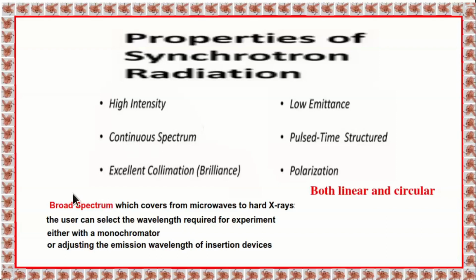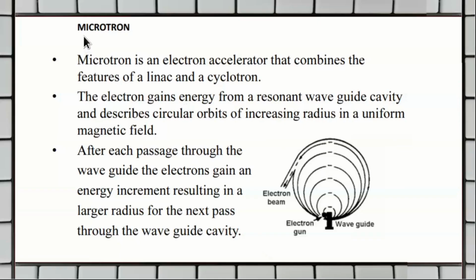The continuous spectrum means there is a broad spectrum which covers from microwaves to hard X-rays. Then the user can select the wavelength required for the experiment either with a monochromator or by adjusting the emission wavelength of insertion devices.